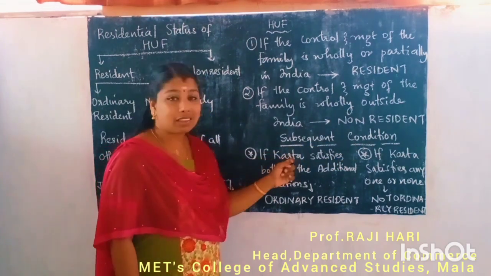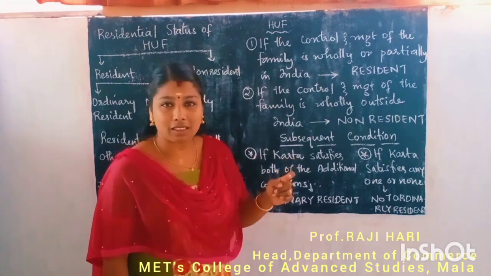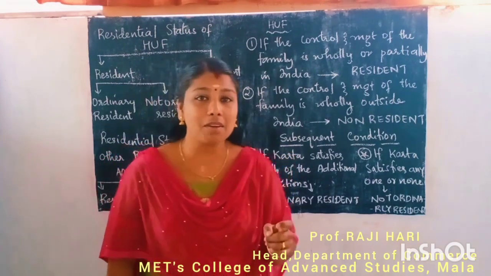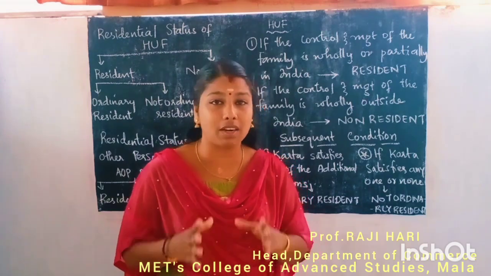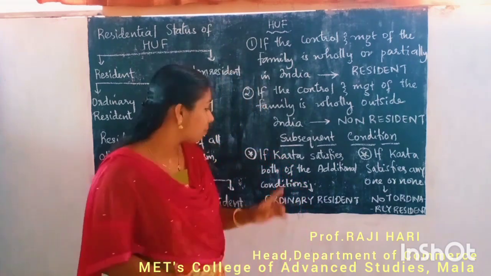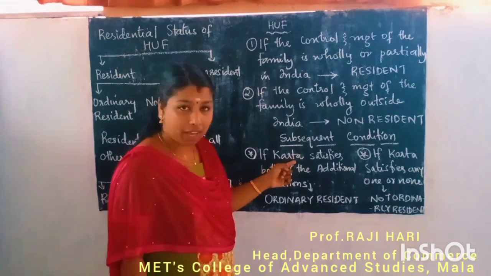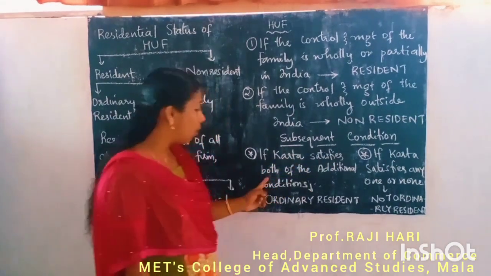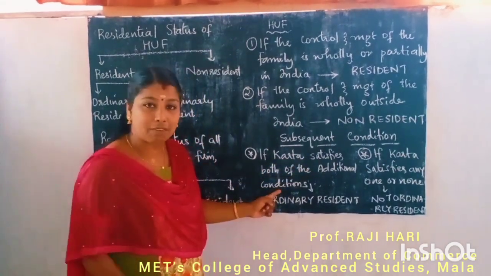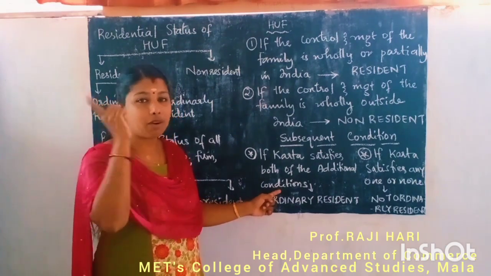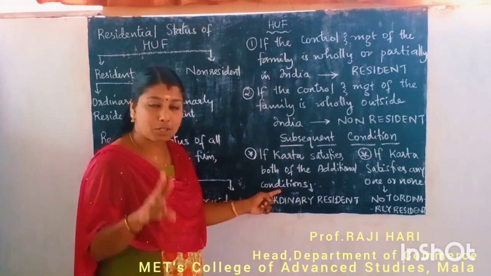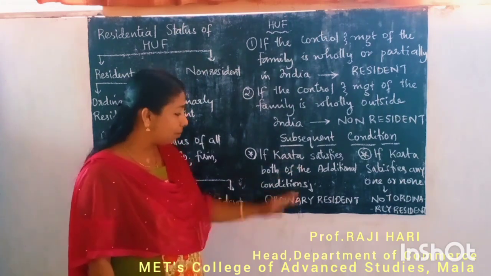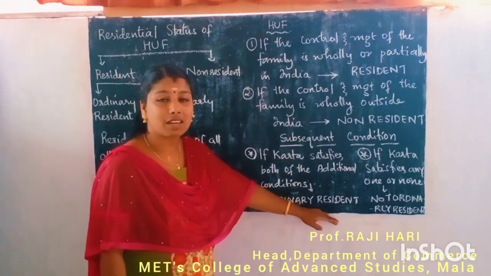If the Karta, you already know who is Karta. Karta is also known as Karanavar, who is the manager of the Hindu undivided family. So, if the Karta of the family satisfies both of the additional conditions which are applicable to an individual, we have already studied both of the additional conditions applicable to an individual, that family is ordinary resident.